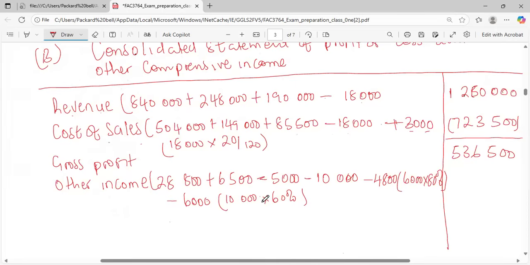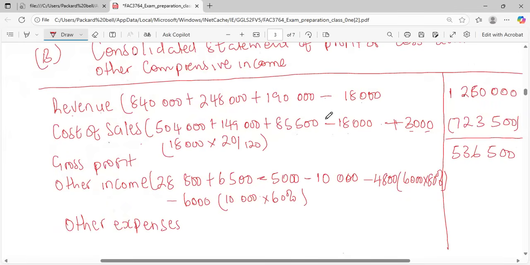Especially with the acquisition method, you just need to understand who the common items are that need to be eliminated first. And so after other incomes, we have other expenses. The most important thing is to understand what is happening.